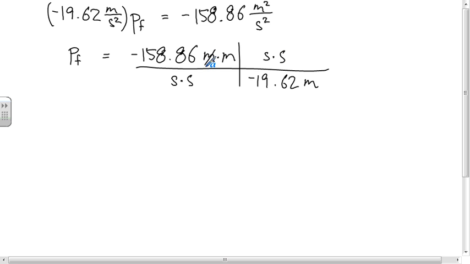You get 1 meter to cancel, and you get all the seconds to cancel. And so you're left with units of meters, which is good. You know, we have position we're looking for, so we want it to be in meters. The negatives cancel, and you get a positive value of 8.10 meters.